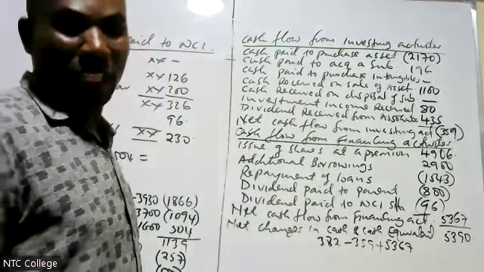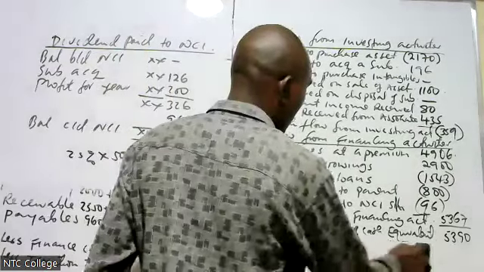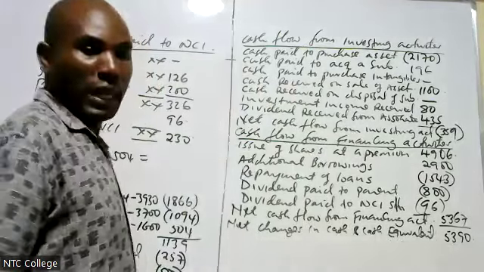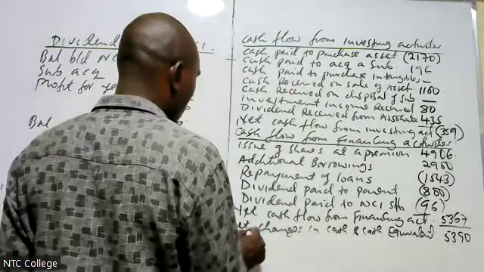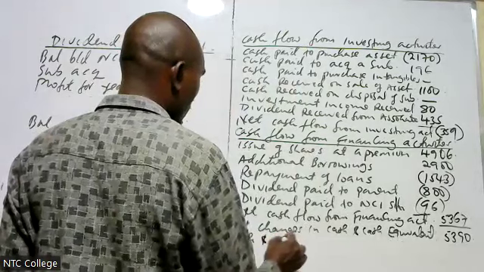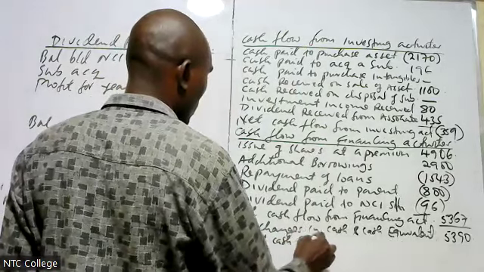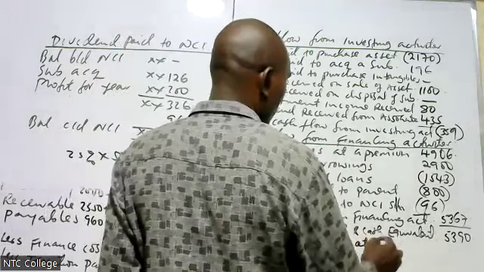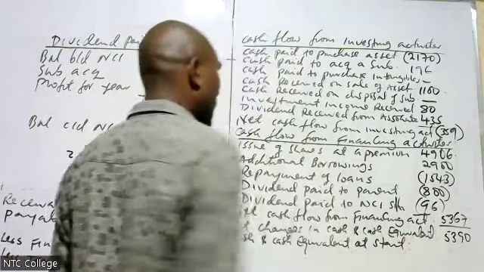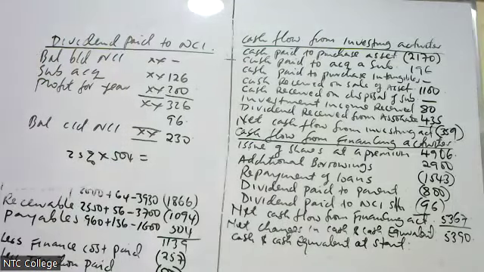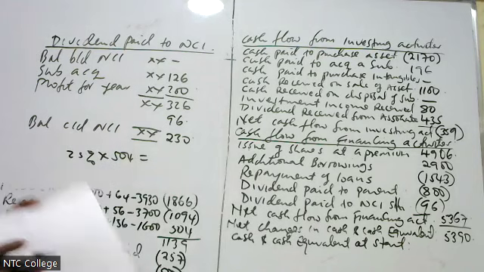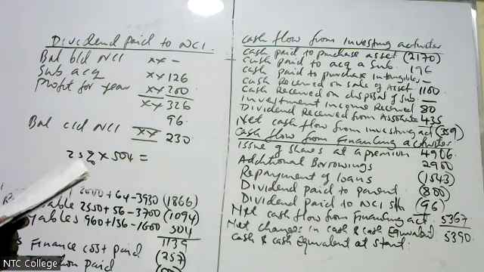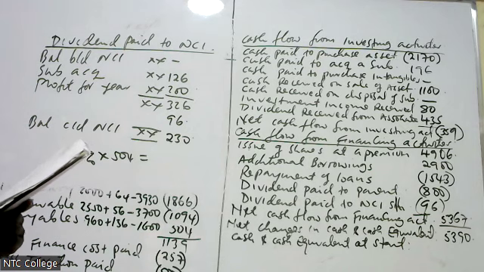Then I come to add cash and cash equivalent at start. I'm checking on cash and cash equivalent.